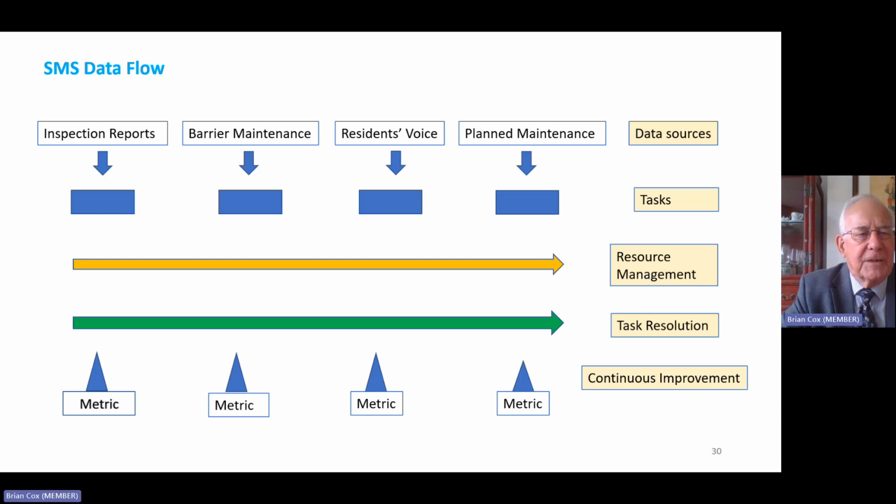And this is a kind of data flow chart that you can make your own according to your situation. I put inspection reports, barrier maintenance, residents' voice, planned maintenance as all things which will generate tasks, and then have resource management to sort them out, and task resolution. Each of those I put as having a metric. You might call that a key performance indicator, KPI, same thing.